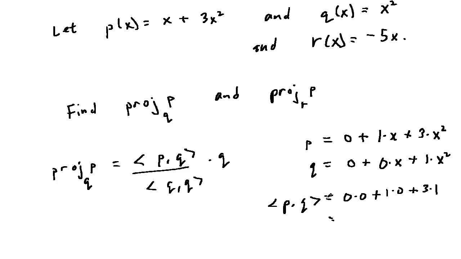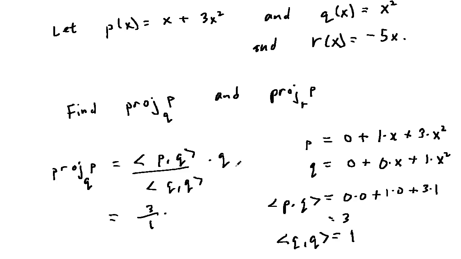So we just get 3. Q inner product with Q, same thing: 0 times 0 plus 0 times 0 plus 1 times 1, which is 1. Let's plug that all in. The inner product between P and Q is 3. The inner product of Q with itself is 1.